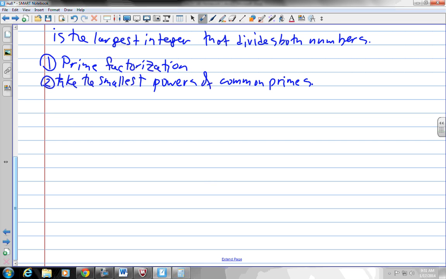So in this case, the GCF of 16 and 18 is 2. Because the common prime between them was 2, and the lowest power of it was just 1. Does that make sense?